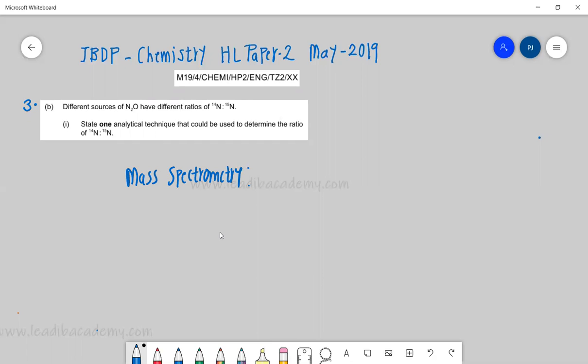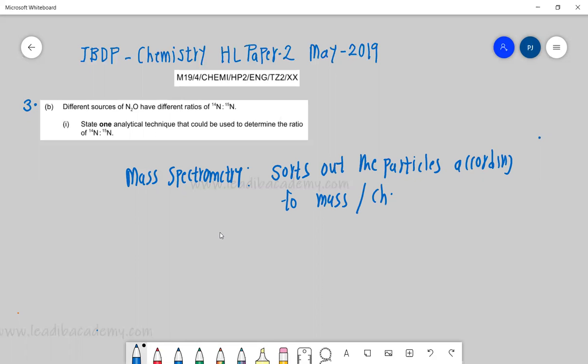So in mass spectrometry, what happens, that important part, is that it sorts out the particles according to mass to charge ratio.